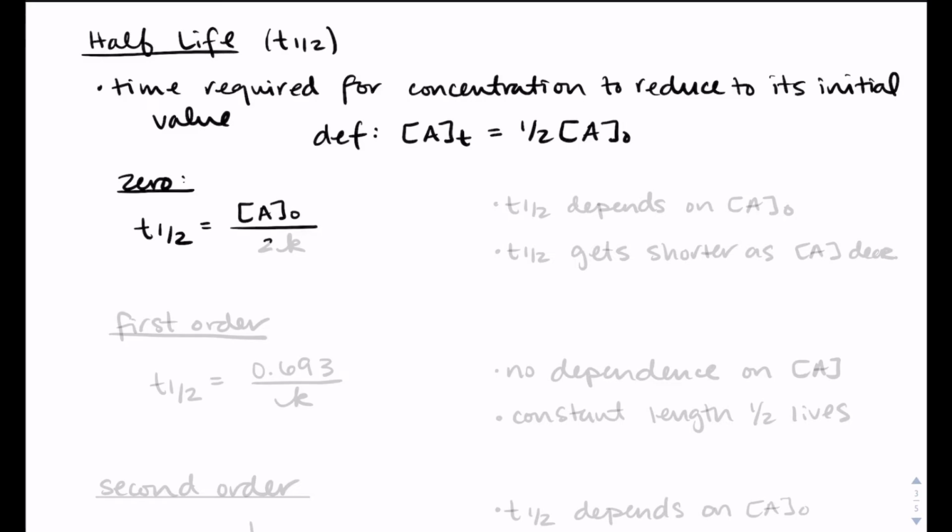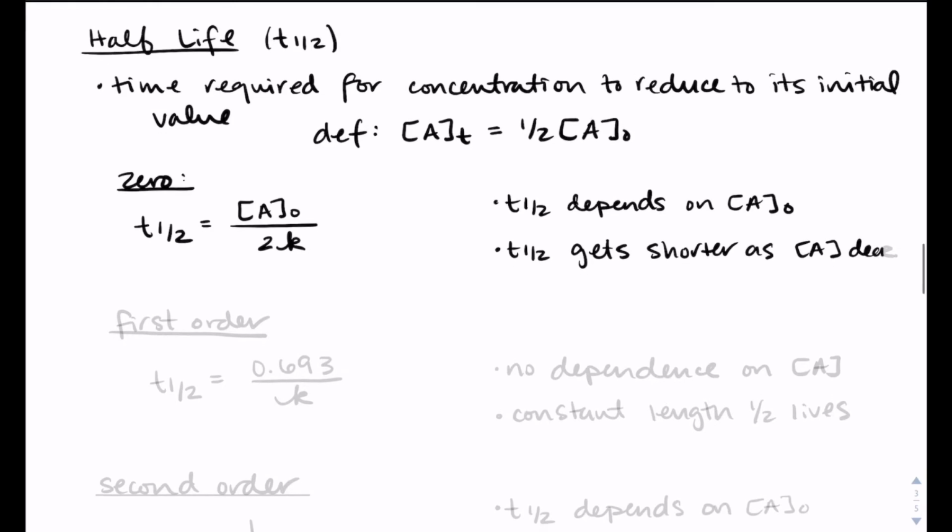The point that we picked is the half-life. So the equations that you will see for zero order, the half-life is the initial concentration divided by 2 times the rate constant. So for a zero order reaction, the half-life depends on the concentration of A, and the half-life gets shorter as the concentration of A decreases. So zero order, right?